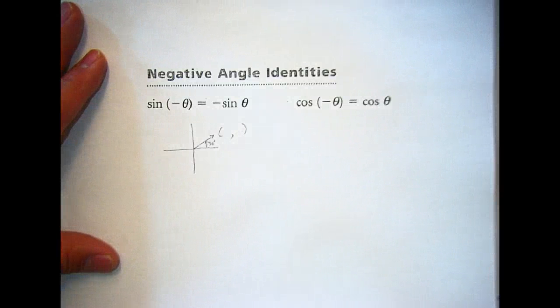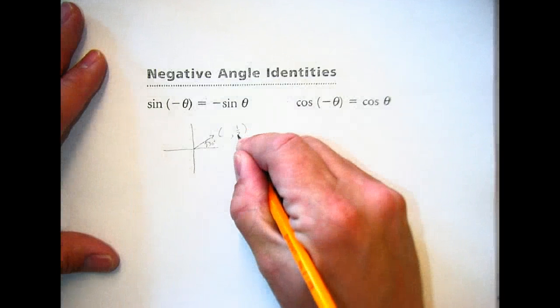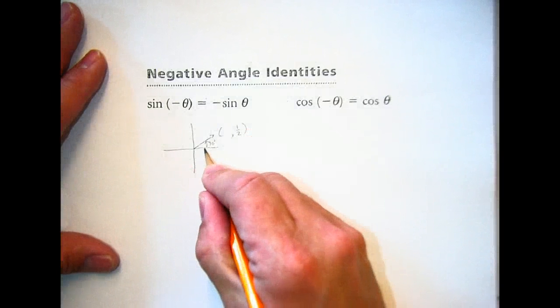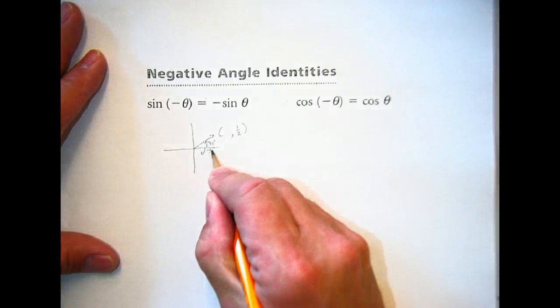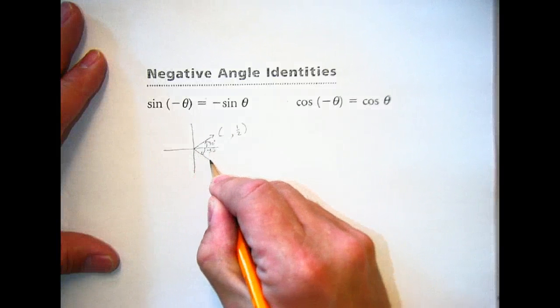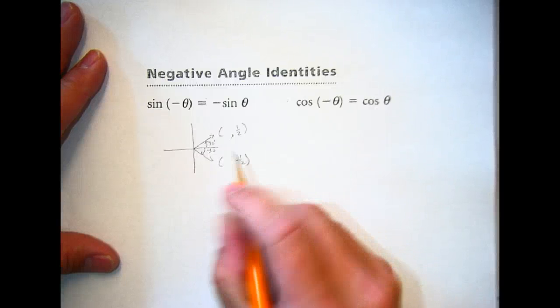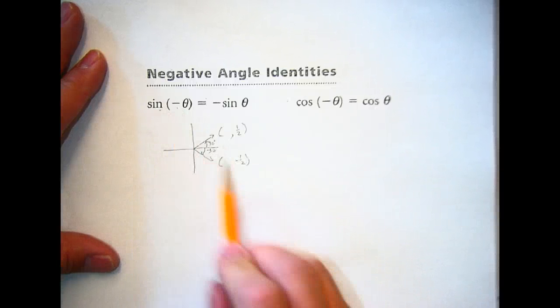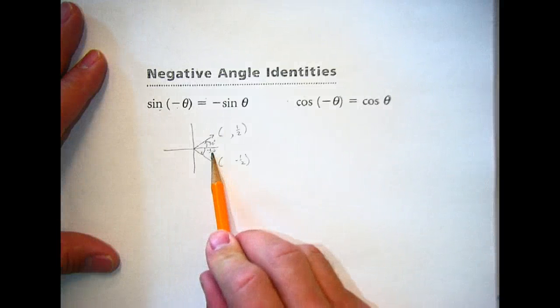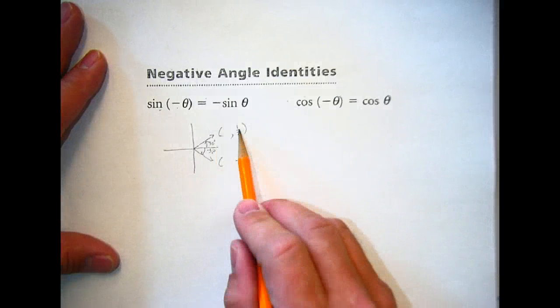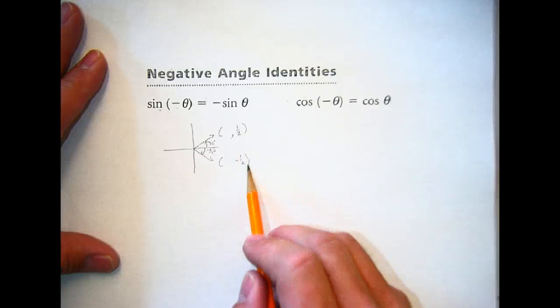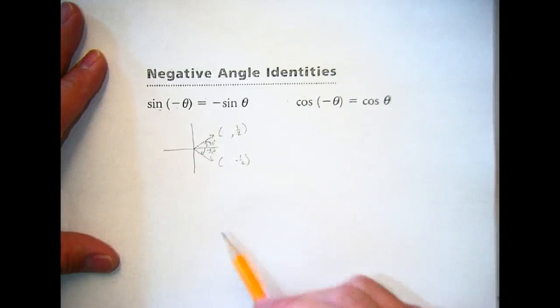It is 1/2. Well, what if I go the opposite way and I do negative 30 degrees? It is now negative 1/2. So the sine of negative theta, or negative 30 in this case, is equal to the opposite of sine theta. You're showing the same thing there.